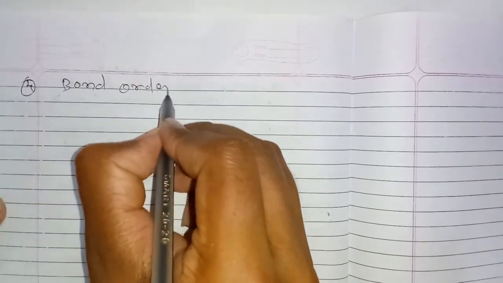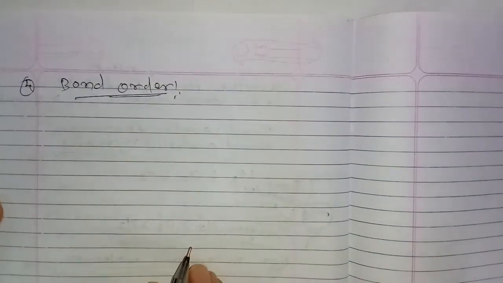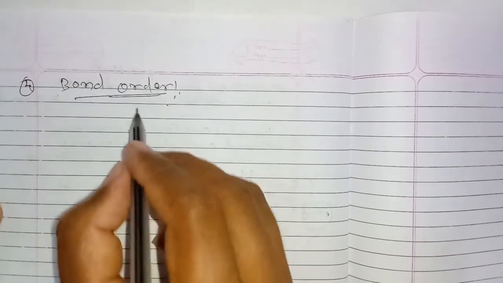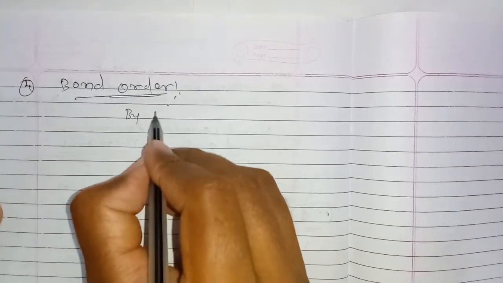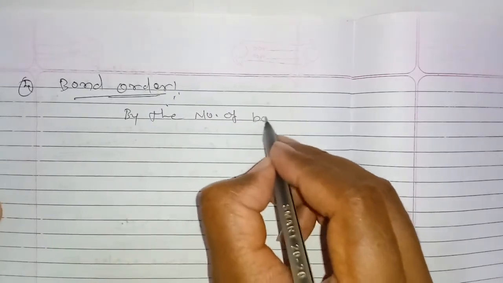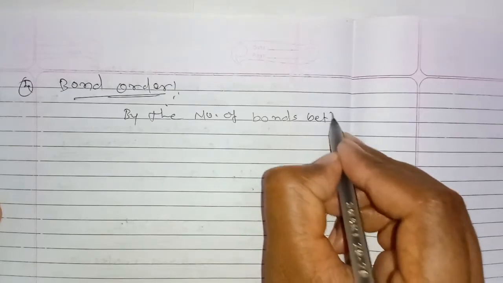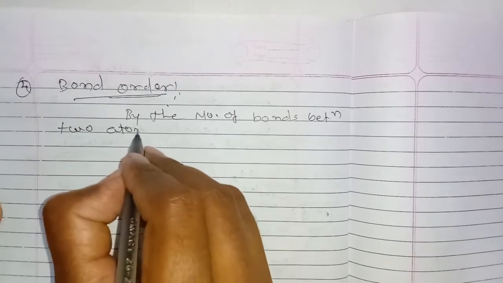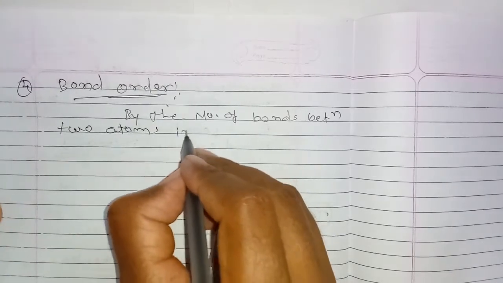Now the fourth bond parameter, that is bond order. In a covalent bond, the bond order is given by the number of bonds between two atoms in a molecule.